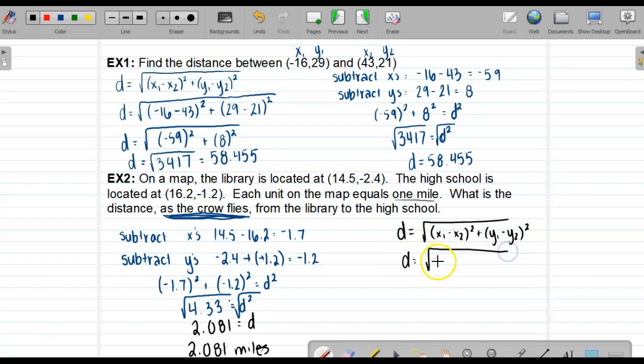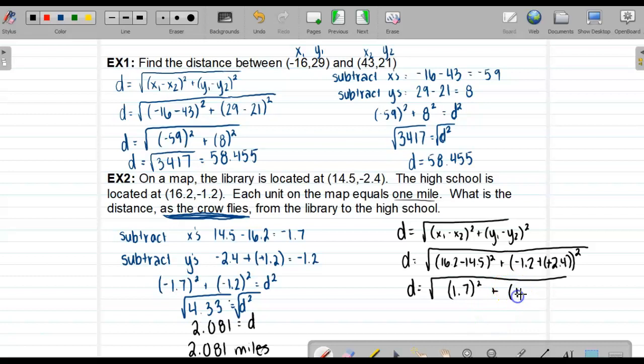So we would have the square root of, I'm going to do it backwards, 16.2 minus 14.5 squared plus negative 1.2 minus negative 2.4 squared. 16.2 minus 14.5 is going to give us 1.7. And negative 1.2, that'll end up being plus 2.4. It's going to give us 1.2 squared.